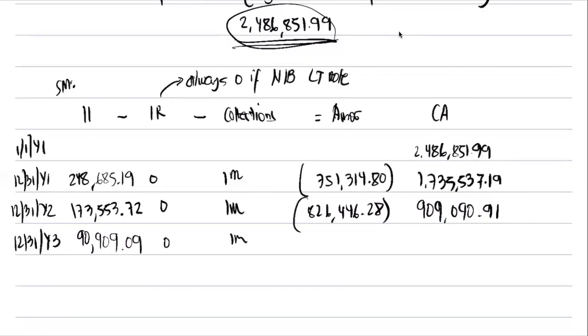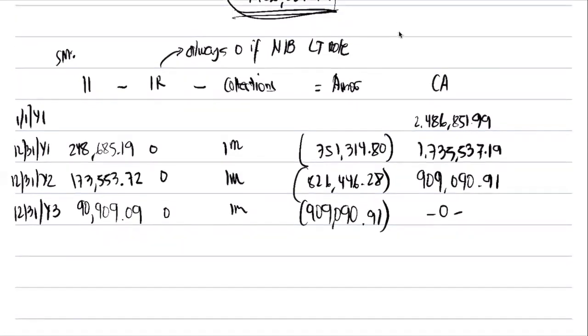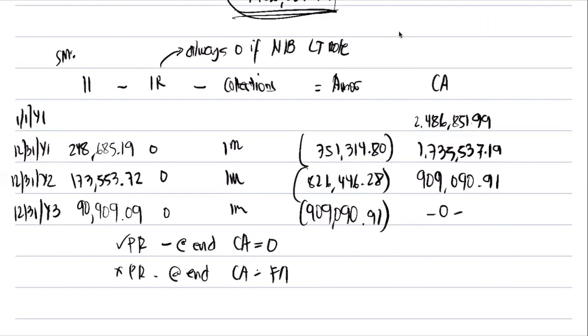Collections, 1 million. Amortization is 909,090.91. Okay, so again, if there is a principal repayment at the end, carrying amount is equal to 0. If no principal repayment at the end, carrying amount is equal to face amount.